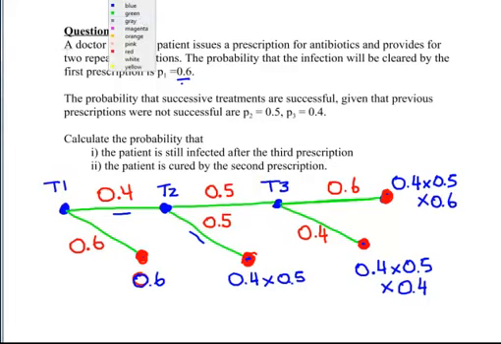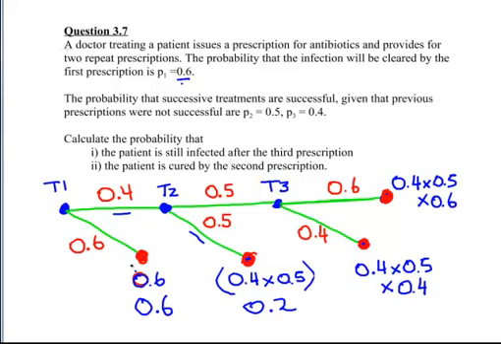And once you have this set up, it's quite an easy question now. So I'm going to use black here to indicate these. The answer here for this part is 0.6. 0.4 times 0.5, the probability here is 0.2. Let's put that in brackets. 0.4 times 0.5 times 0.4, that's 0.08.